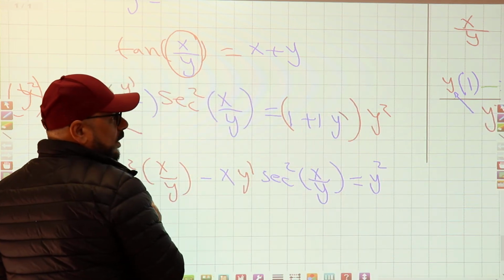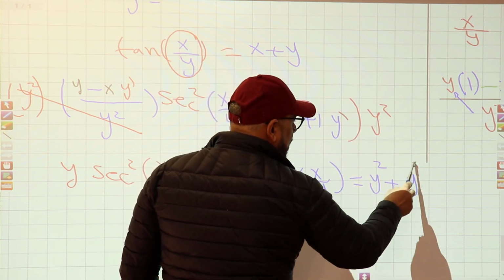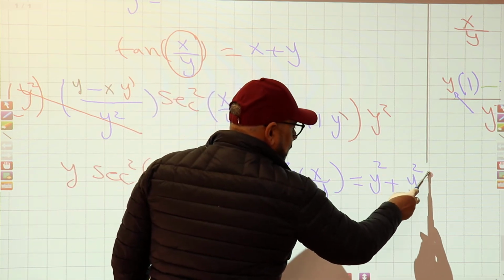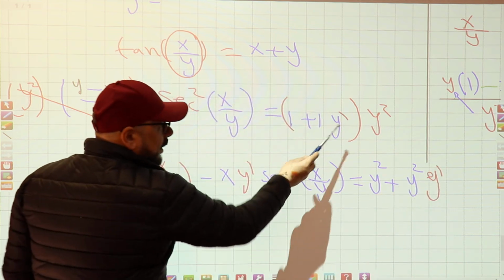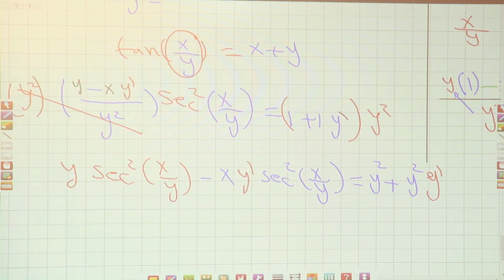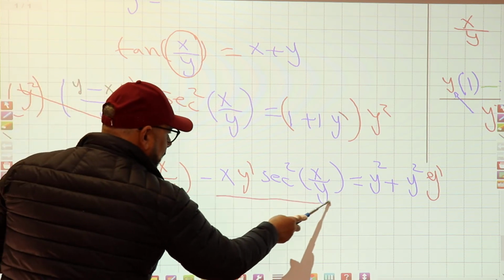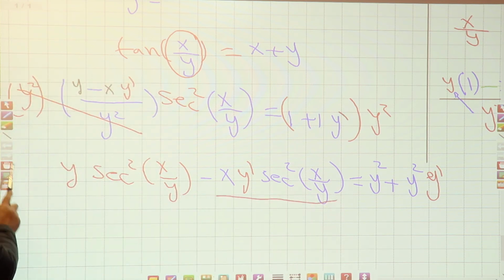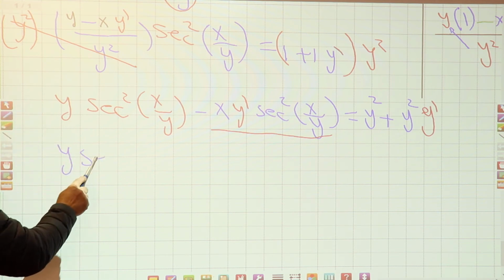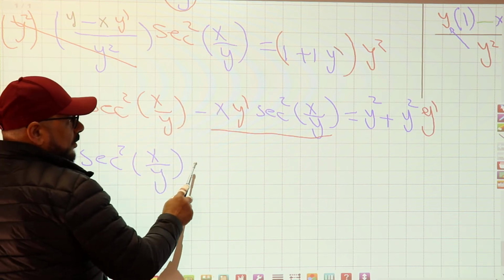Here equals y squared plus y squared y prime. What did I do here? I distributed y squared, y prime. Now, this term has to move to that side. Why? Because we have y prime here. This one stays: y secant squared x over y minus.